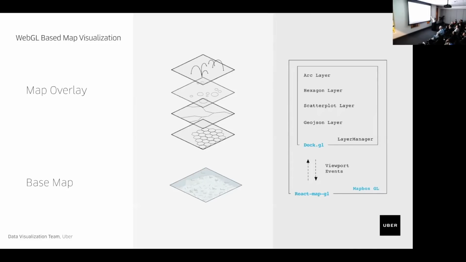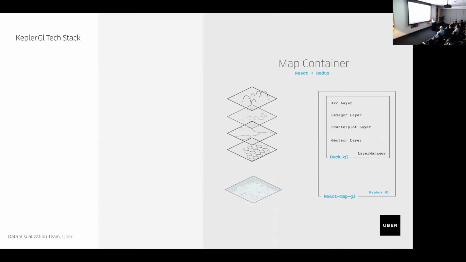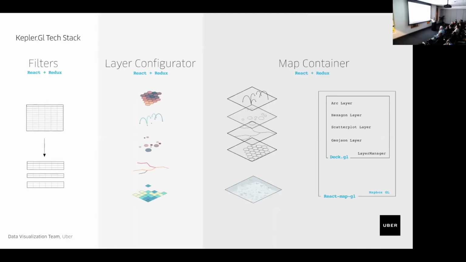And then under the hood, Deck.gl will sync with Map.gl so that your visualization overlay fits perfectly on top of your base map. So Kepler.gl takes this whole mapping stack, and then it adds the filter components and the layer configuration component to that, just so that you can take any data, do the filtering, do the configuration, all in just one single app.